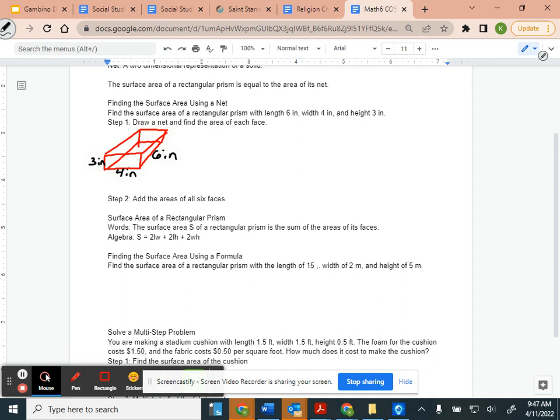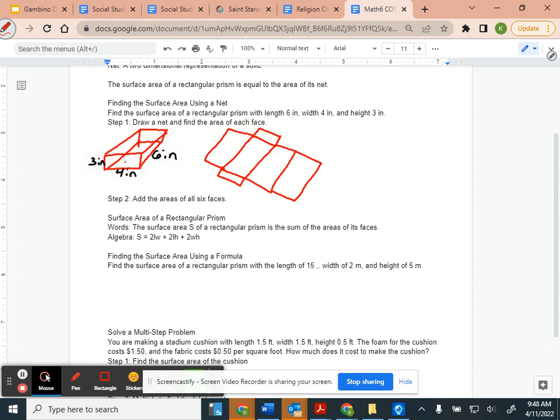I need to now lay that rectangular prism out flat. So just like we had done, I'm going to take the bottom rectangle, and then my two bases. And then I know it's a rectangular prism, so I need 4 big rectangles.